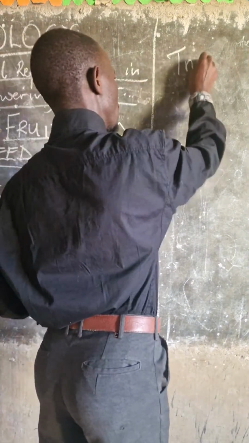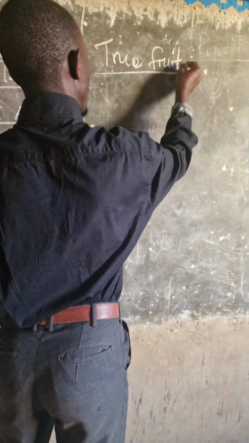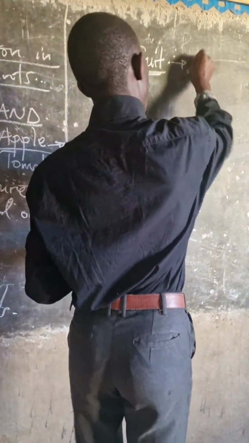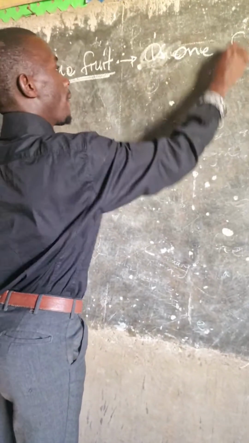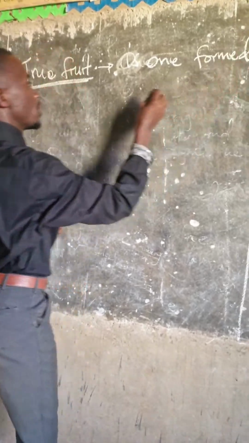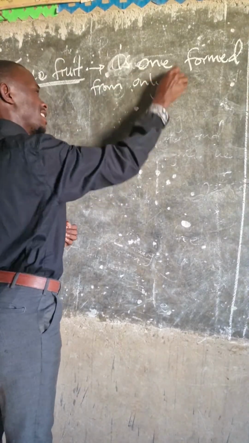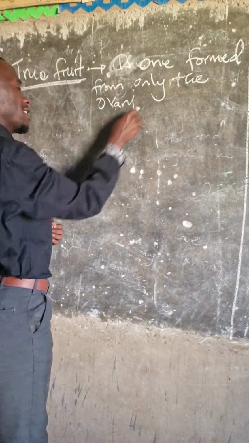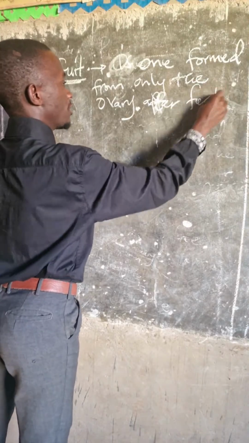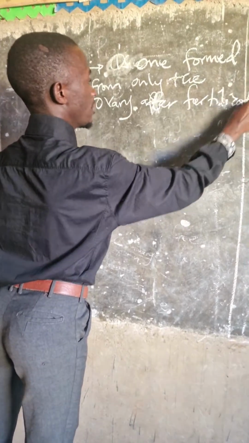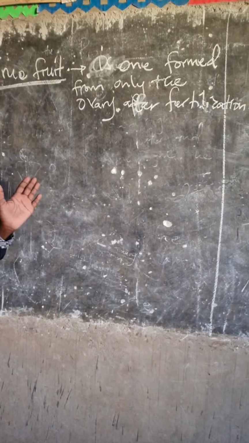For a fruit to be considered a true fruit, it will be that fruit formed from only the ovary after fertilization, not any other part of the flower.